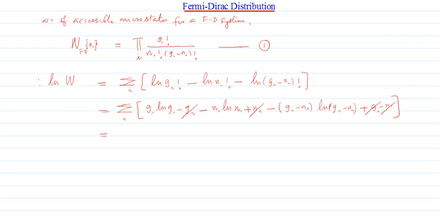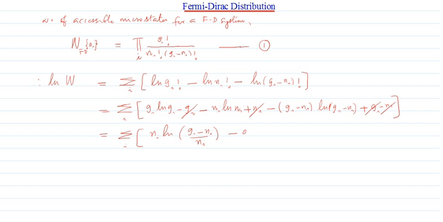So what you are left with, you can rearrange. You can take common terms here, similar to what we did in the previous case. So that is the sum over i, taking common terms and rearranging, ni log of (gi minus ni) divided by ni. That is log a minus log b equal to log of a by b, which is what we are using.